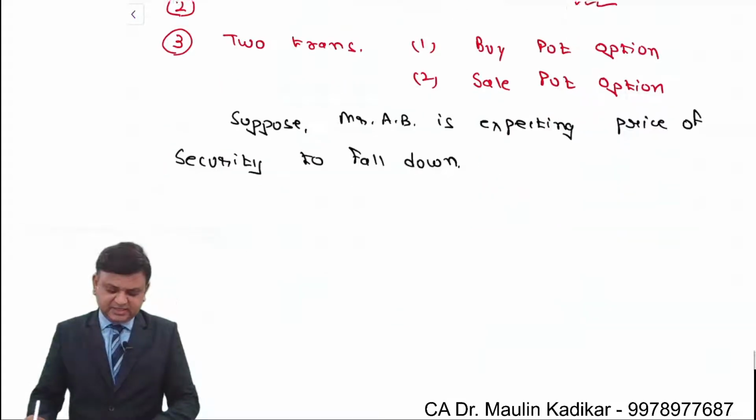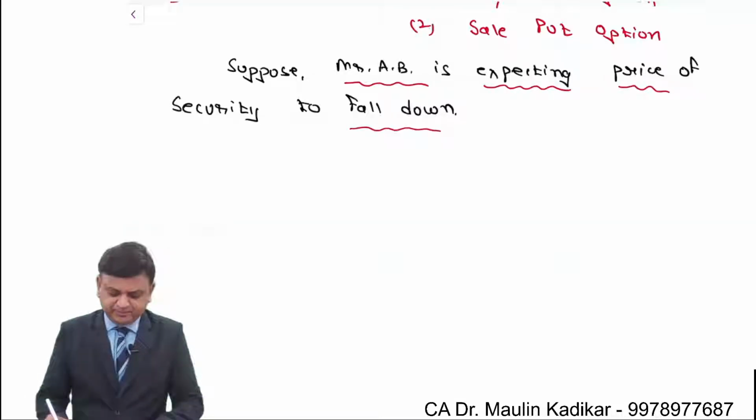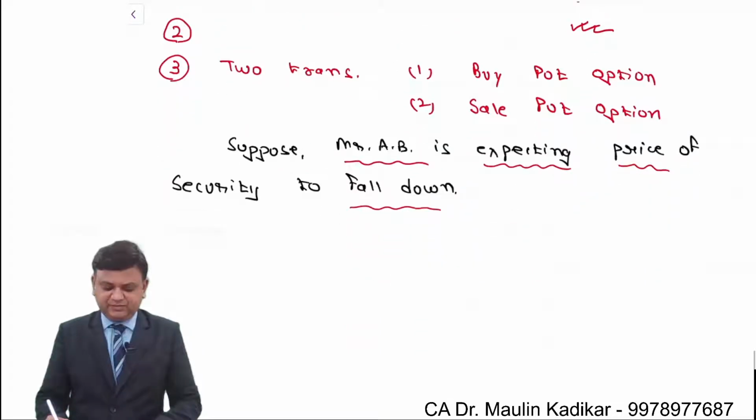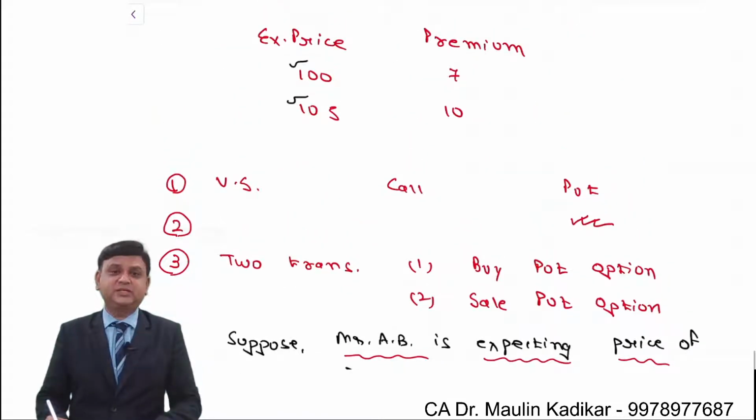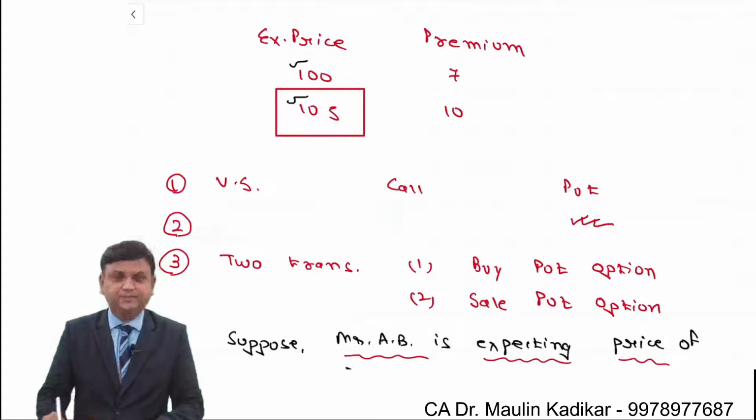So friends, we understand that if at all Mr. AB is expecting the price of security to fall down, then in that case the option which is having comparatively more exercise price will give me more payoff. So here option having exercise price 105 is going to give you more payoff.